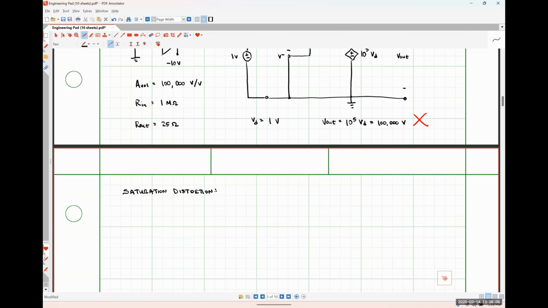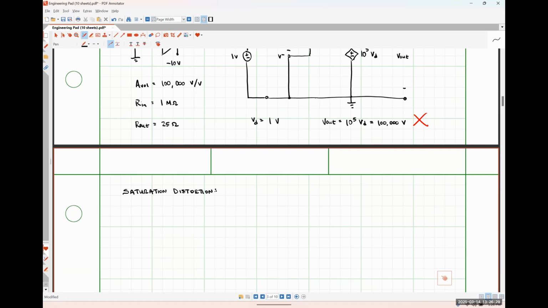How many, if any of you, have heard of the term saturation in the context of electricity, electronics, and things like that? Nobody? Okay. Well, it's something that we're going to talk about over and over again in this class, in your electronics classes, and things like that.